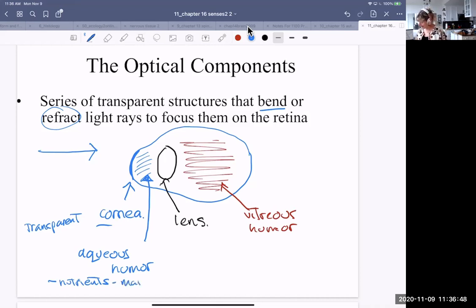It maintains the shape of the eye. So it has sugar, it has some vitamins, some proteins. But it's really about 99%, at least 99.9% water. The lens. The lens is suspended by ligaments.